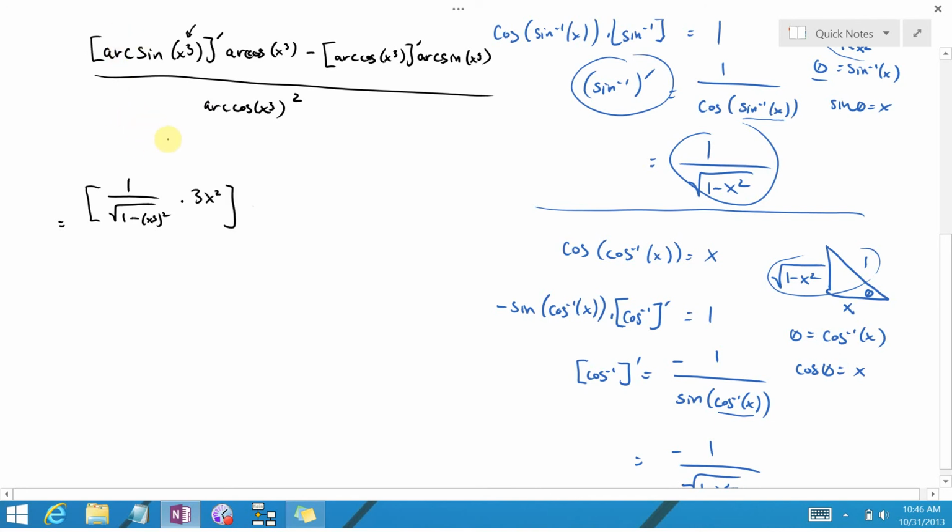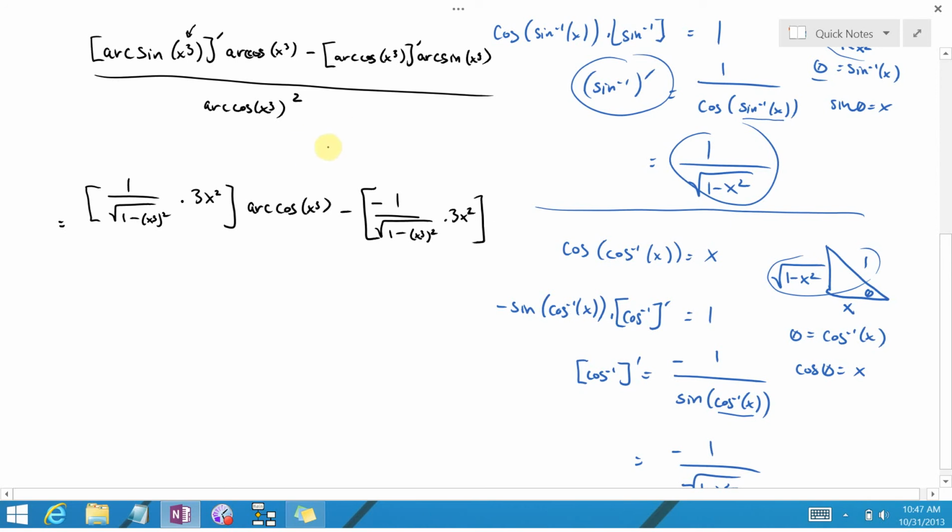times arc cosine of x cubed, minus the derivative of arc cos of x cubed, which is something very similar, except there's a minus sign, right? So it's going to be minus 1 over the square root of 1 minus, and again we're applying it to x cubed, so this is x cubed squared down there, and by the chain rule times 3x squared.